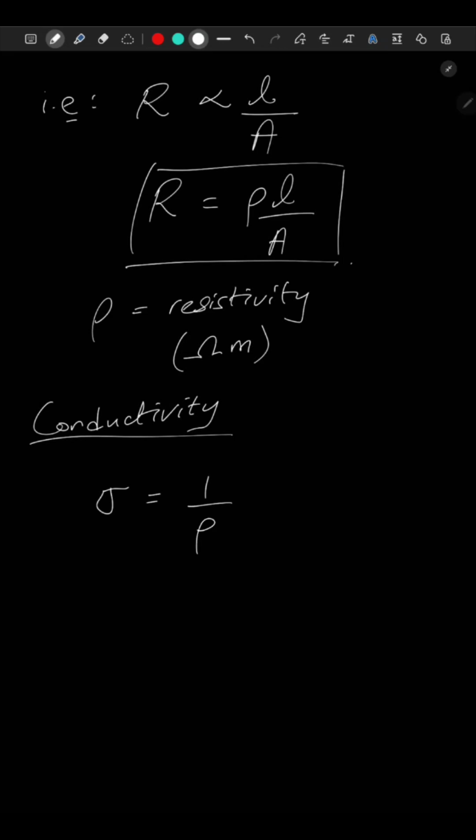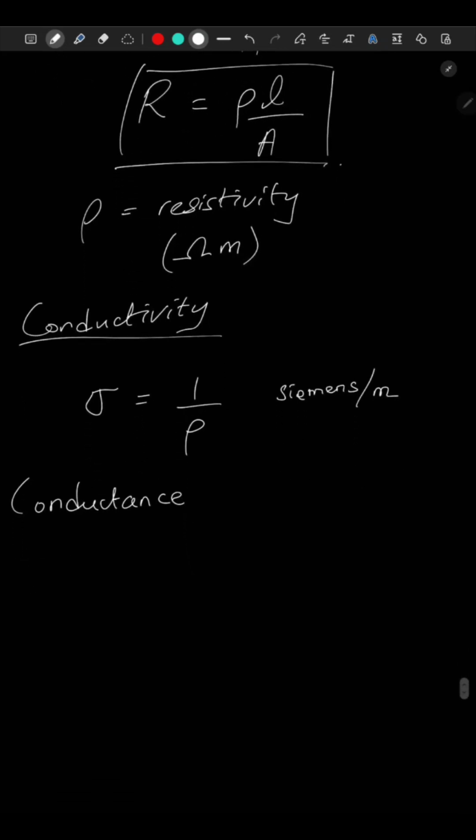Conductivity is in Siemens per meter. And the conductance, which is given by the capital G, is 1 over the resistance R.